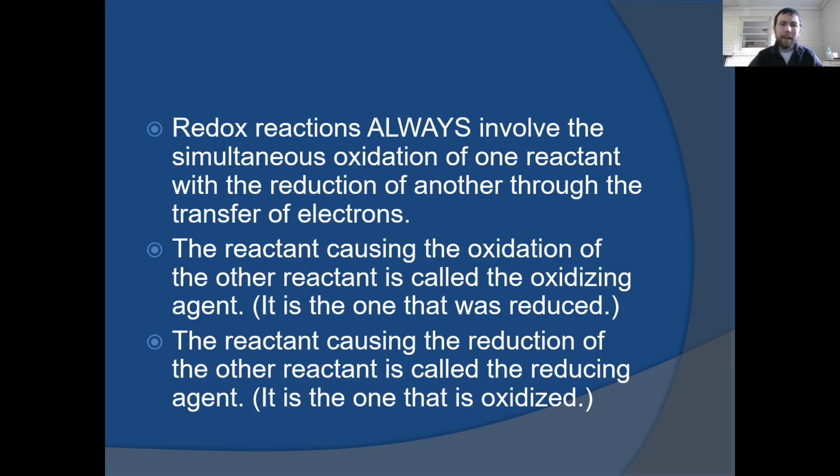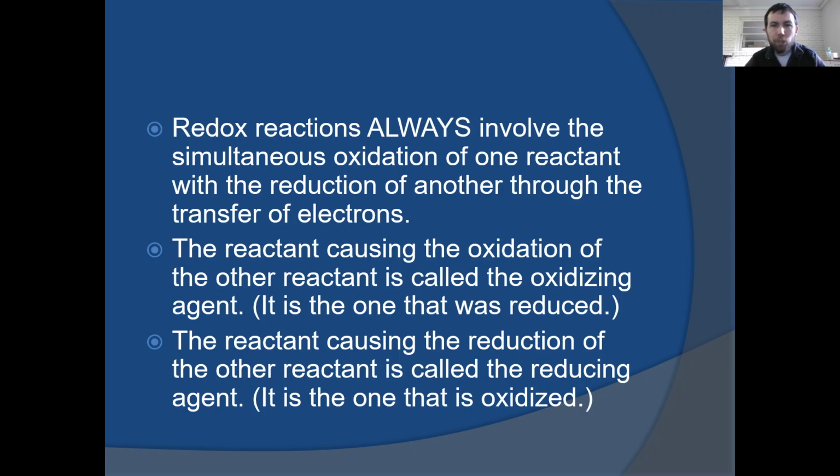Now, the reactant that's causing the reduction of the other reactant is called the reducing agent. In order for reduction to occur, the substance has to gain electrons. So the reactant that is causing another substance to gain electrons is the reducing agent. That's the substance that's oxidized, right? Because when a substance loses electrons, they're gained somewhere else.